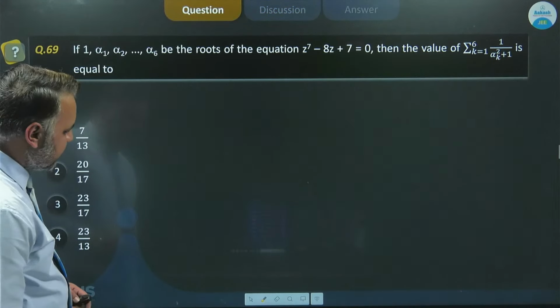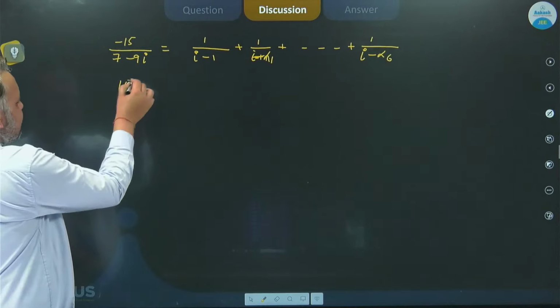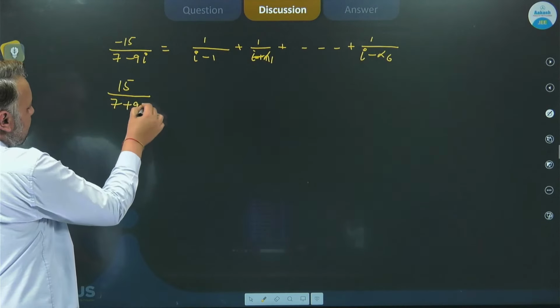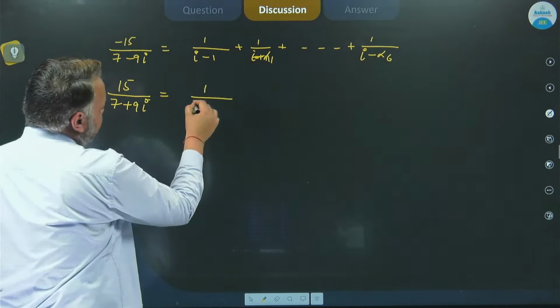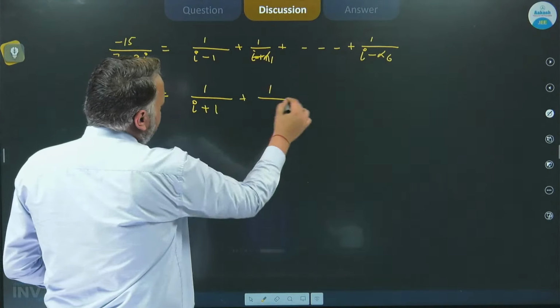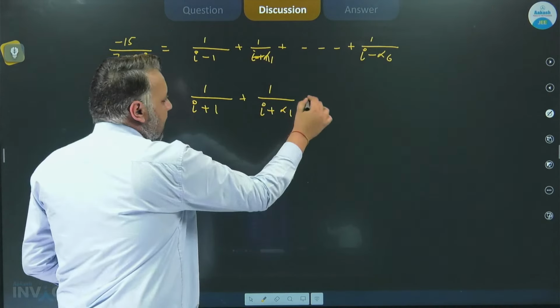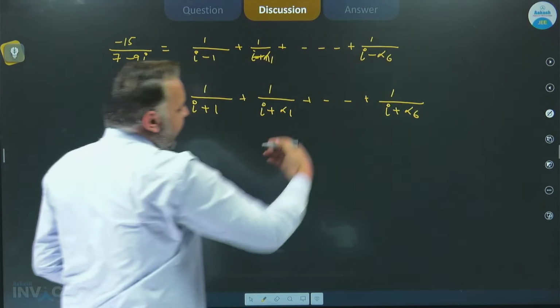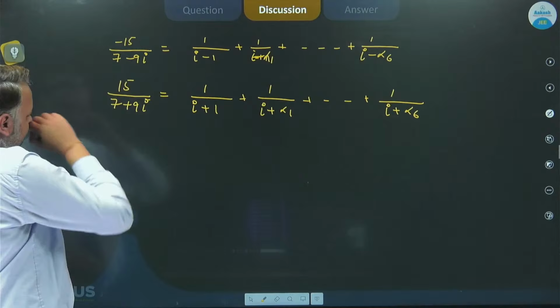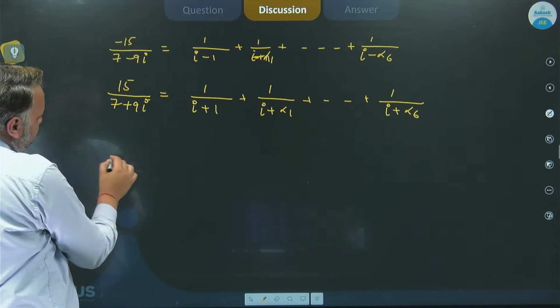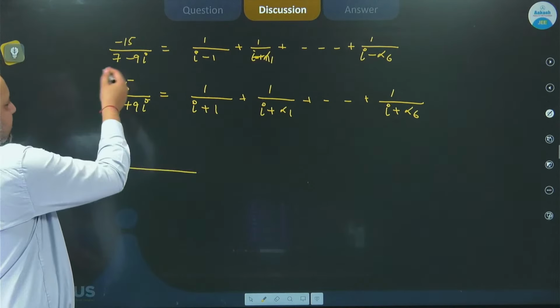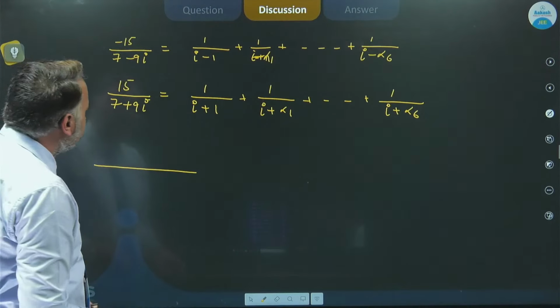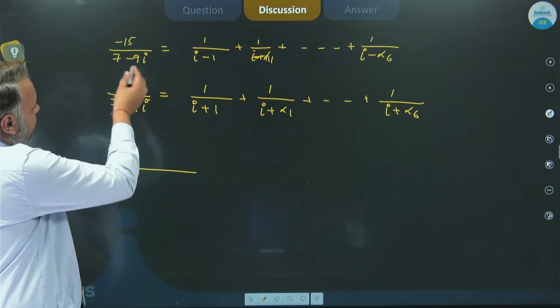And in the second equation, we have 15 upon 7 plus 9 iota, and that is nothing but 1 upon iota plus 1 plus 1 upon iota plus alpha 1 up to 1 upon iota plus alpha 6. Simply add both these two. So the denominator will be 7 minus 9 iota into 7 plus 9 iota, that will be 130.